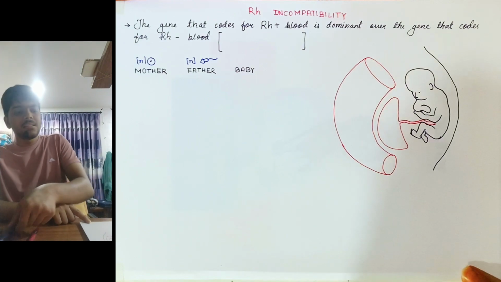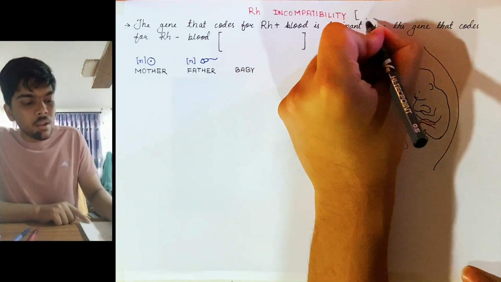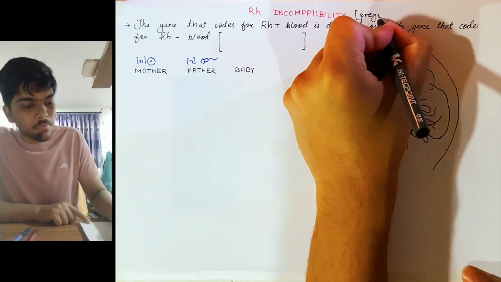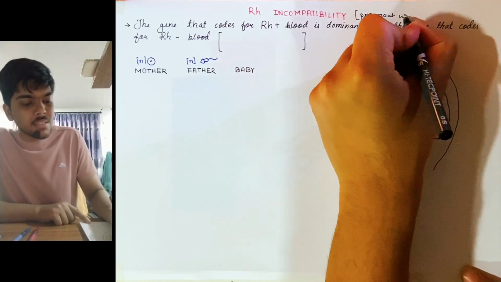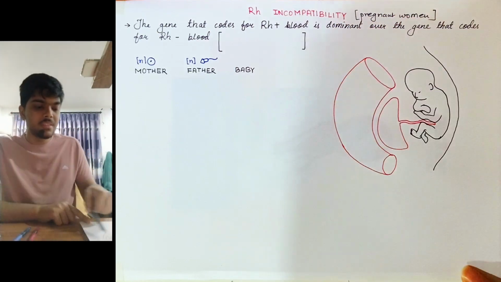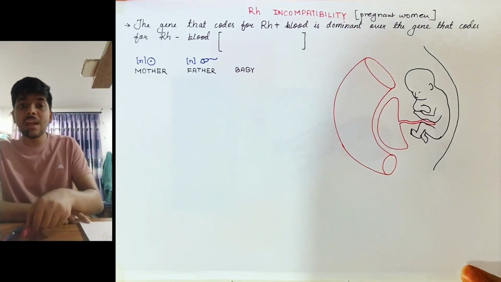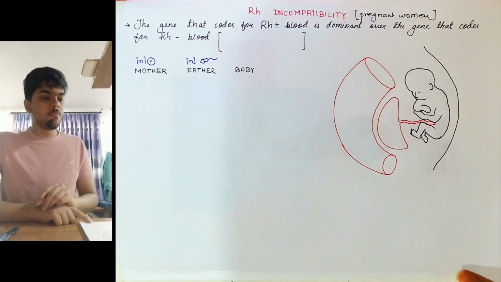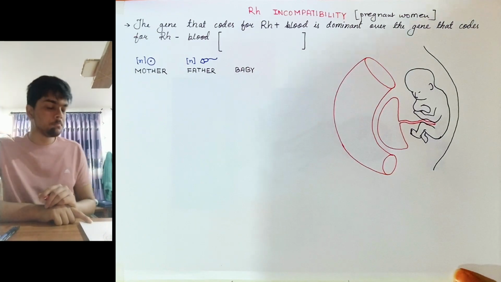So basically, RH incompatibility can occur in pregnant women, and this incompatibility of blood leads to the death of the child. The question arises how and why. First, let's look at how.